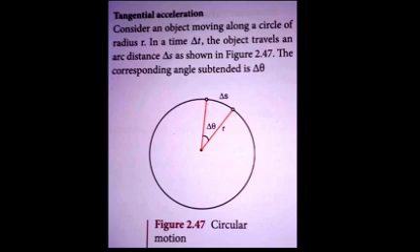See this diagram: the change in displacement is del s, the change in angle is del theta, and the radius is r. Now we are going to find the change in displacement, then use the linear speed and find the angular velocity, and lastly we are going to find the tangential acceleration.